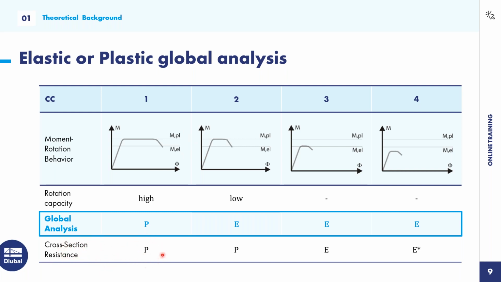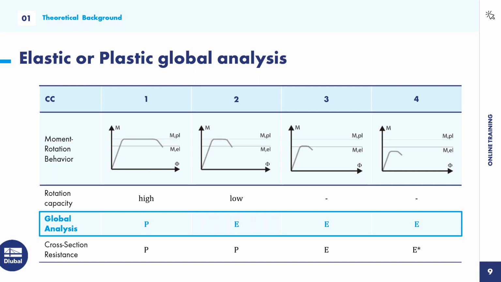This is something we can consider when the cross-section has cross-section class 1 or 2. So whenever you have the possibility to do this, then consider these different cross-section resistances. So plastic when you have cross-section classes 1 or 2.